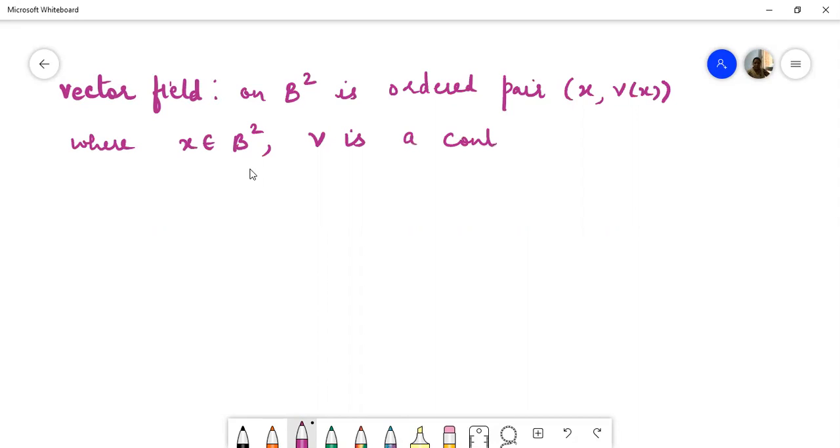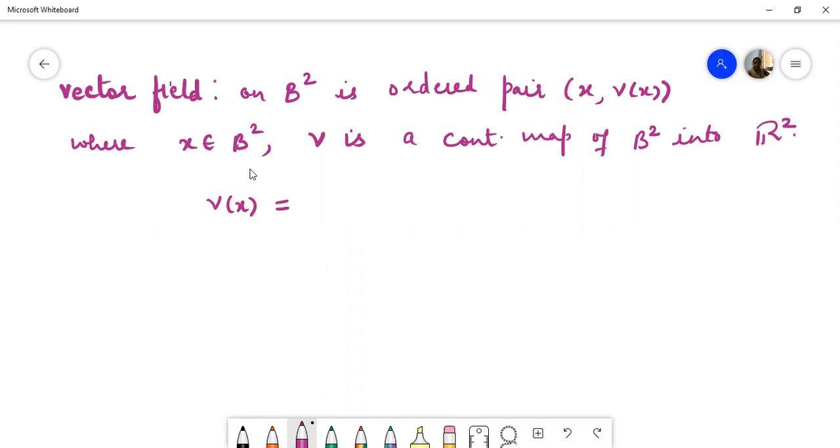So a vector field is defined by this ordered pair (x, Vx). Now V is a continuous map of B2 into R2, so it means Vx is an element of R2.